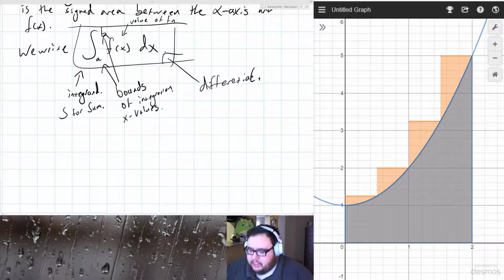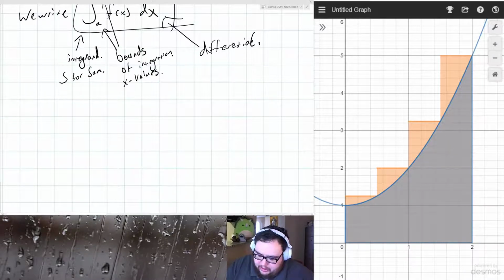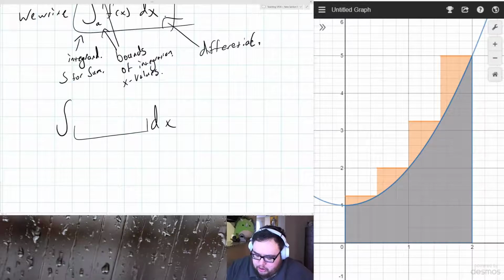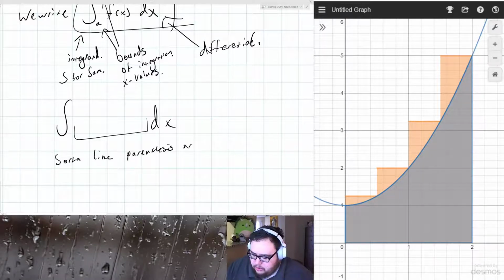And then the width of each rectangle is some tiny change in x. The way you can think of this is that you have your integral, you have your dx, and then you're integrating everything in between. They're sort of like parentheses around the integral.